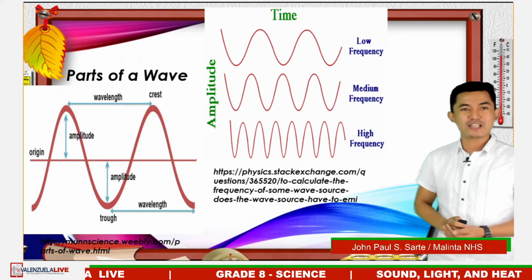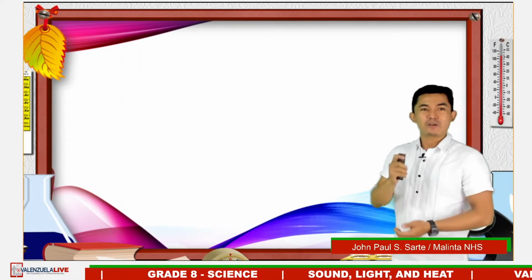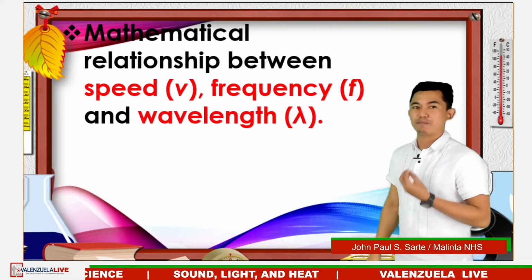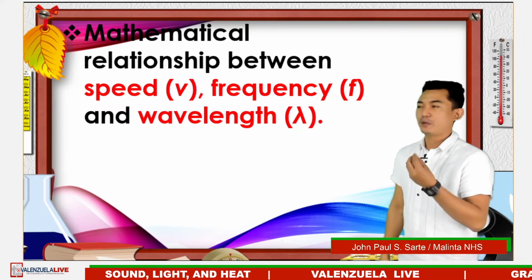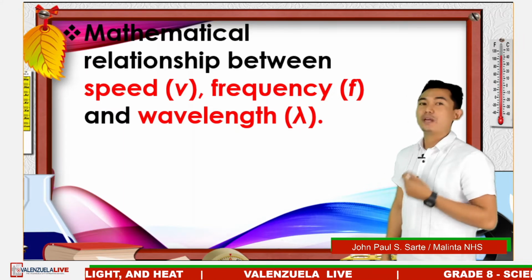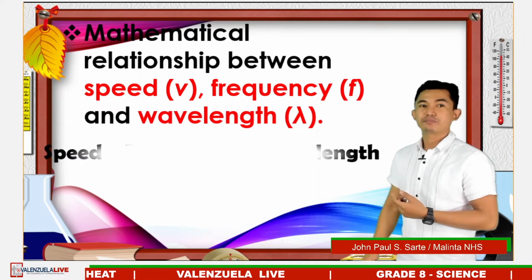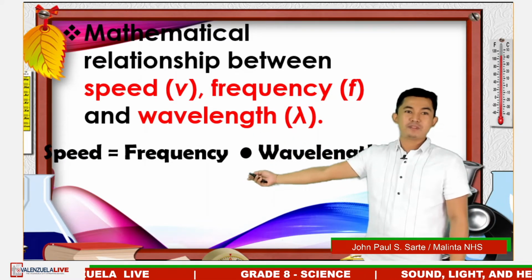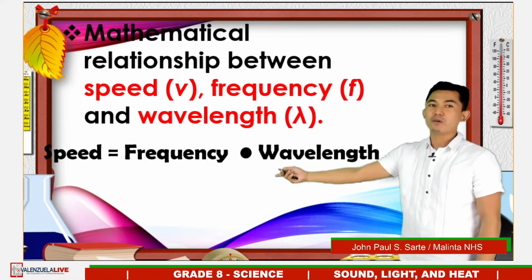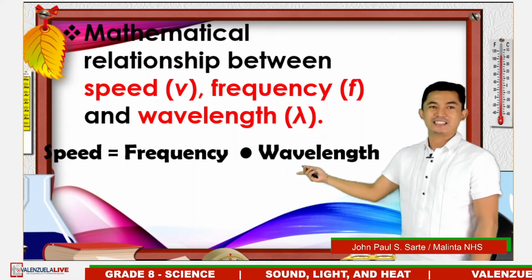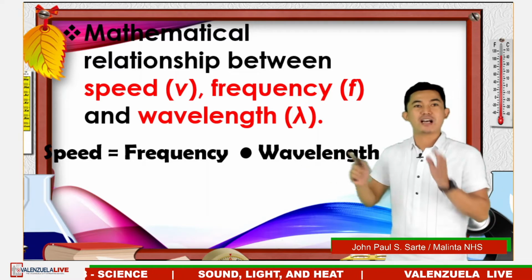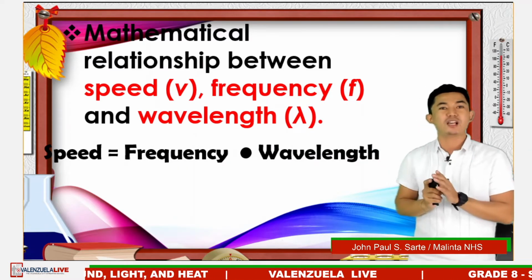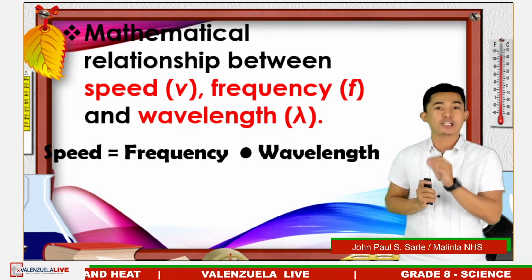Okay. Let us move on now to our next slide. According to this slide, the mathematical relationship between speed, small v, frequency, small f, and wavelength has this equation. We have the speed is equal to frequency multiplied by wavelength. Do not forget this, class. This is the mathematical relationship between these three words, which are very important in our discussion.